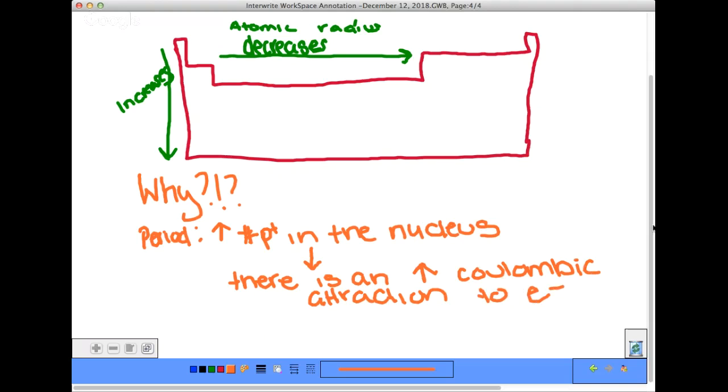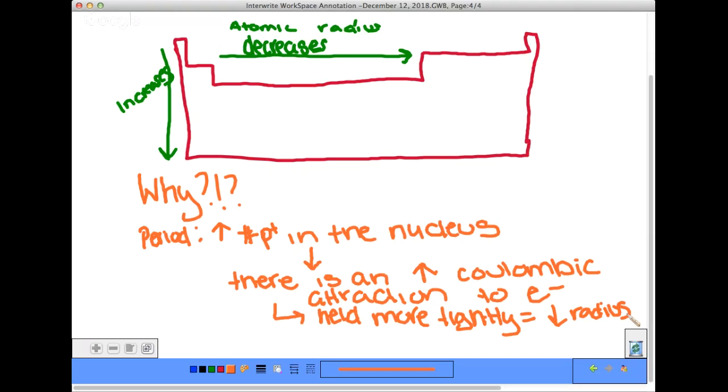If that Coulombic attraction increases, electrons are held more tightly. If they're held more tightly, that means we have a decrease in radius.